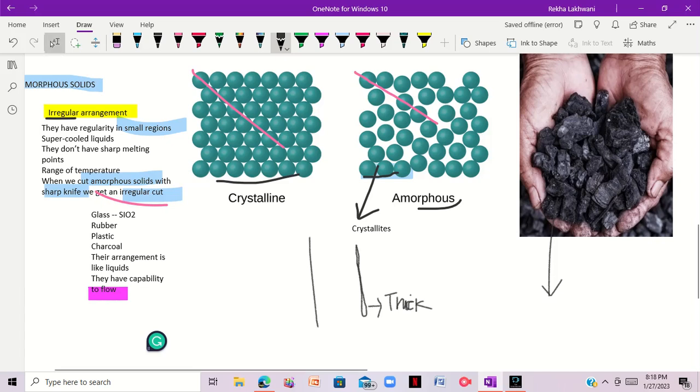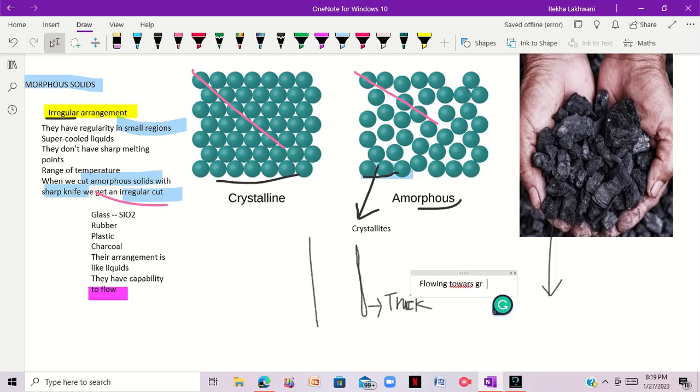This shows the flowing towards gravity, under the constant influence of gravity.